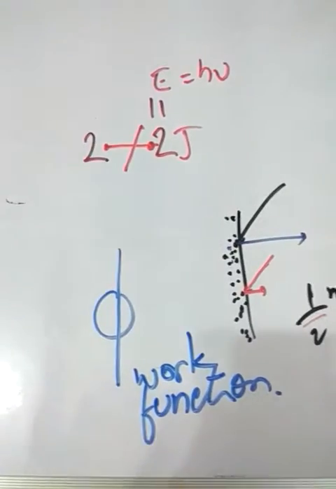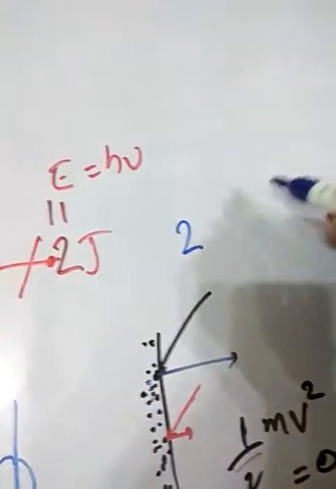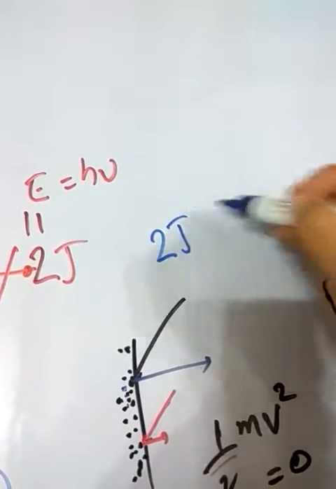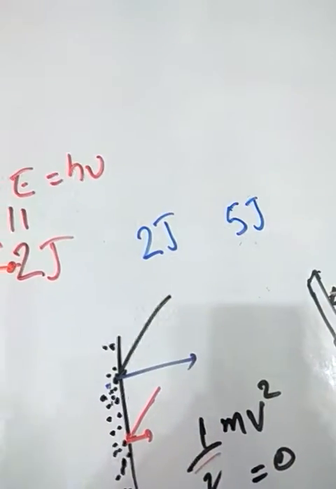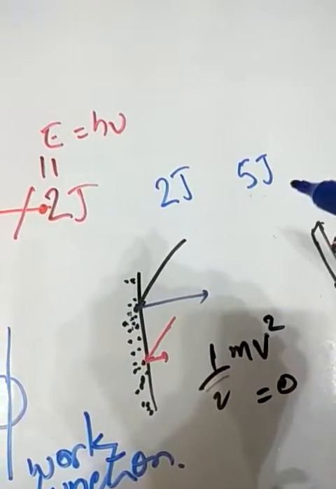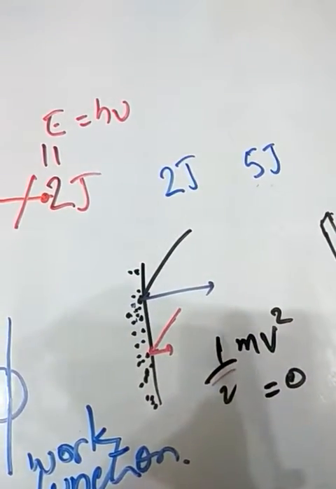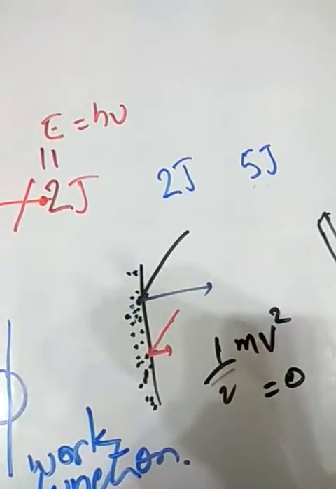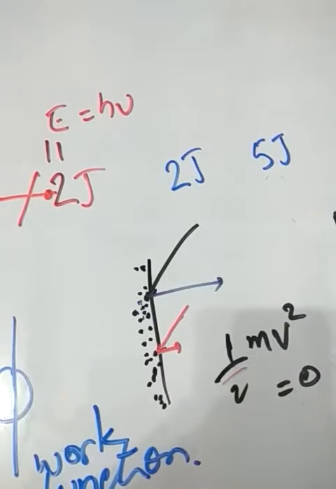It may happen that there's a work function of only 2 joules, and they get an incident energy of 5 joules. That's too high a quantity for all this, but let's say that they do get it. And it may happen that all this energy gets wasted in the collisions, and it may never come out however great the incident energy is.